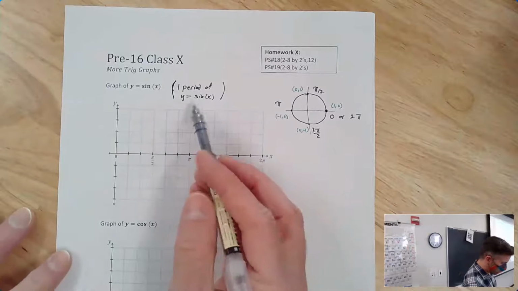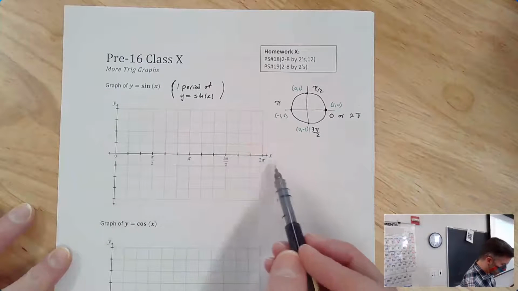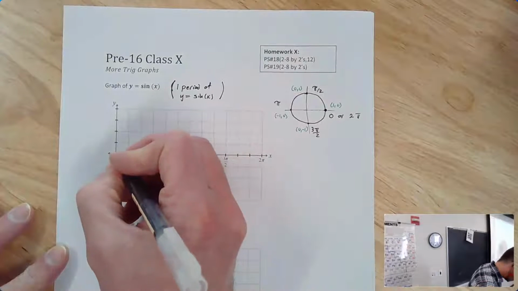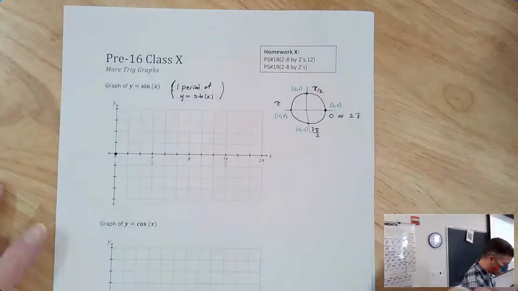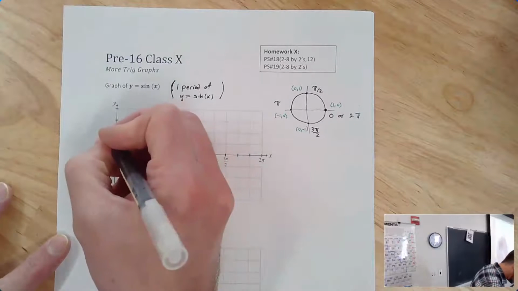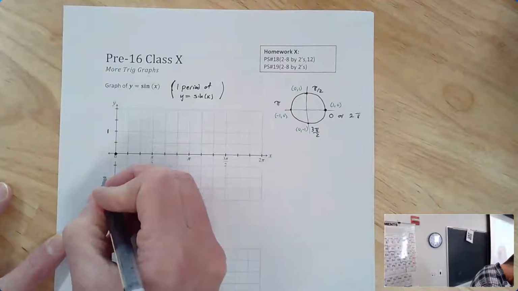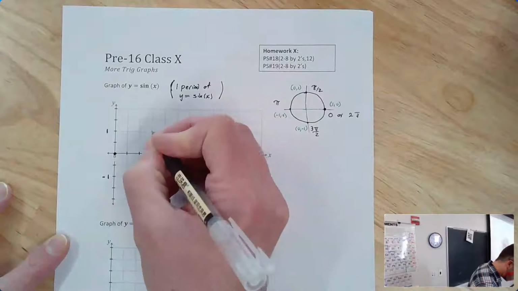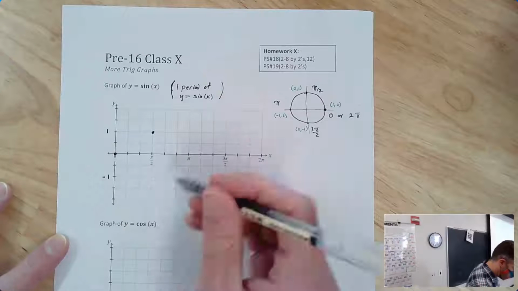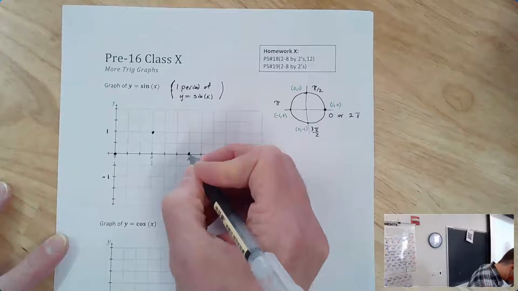So if I'm graphing y equals sine of x, well, the x part, the angle is 0, sine of 0 is 0. And if the angle is pi over 2, sine of pi over 2 is 1. Let's say this is 1 up here. And if x is pi, sine of pi is 0 again.